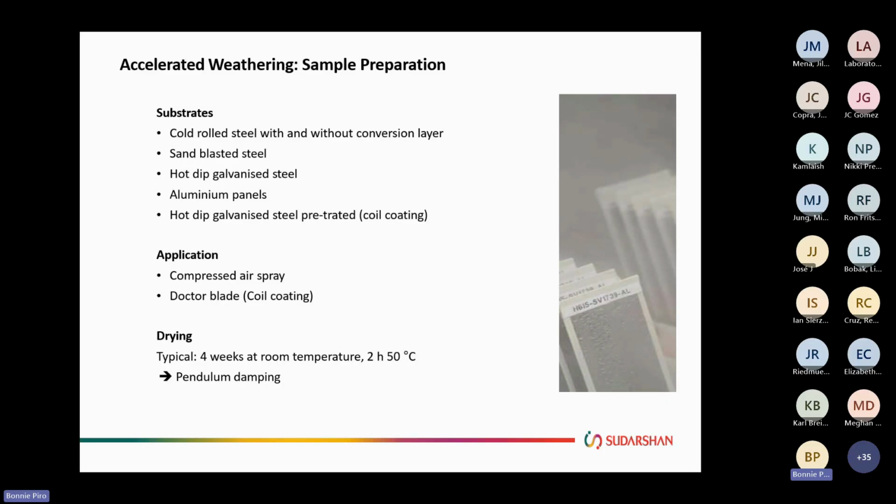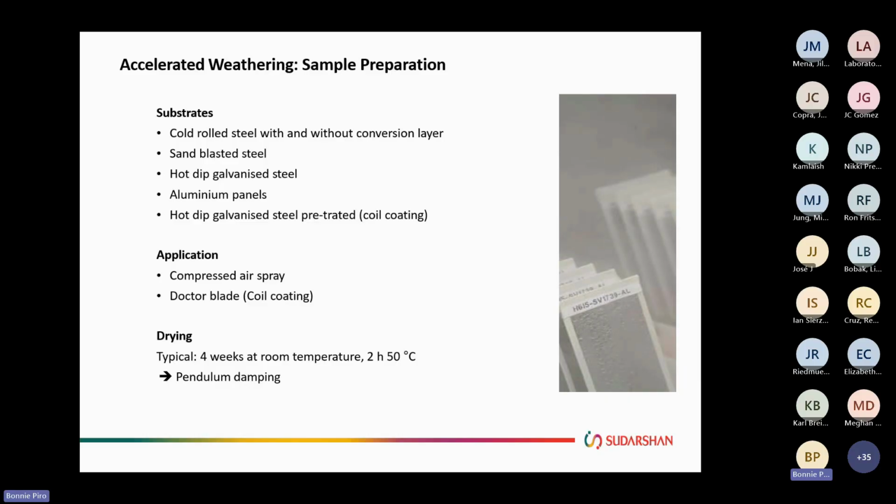We do take a look at all the various types of substrates available for our evaluation, and that includes cold rolled steel, sandblasted steel, galvanized aluminum, and coil coating type panels. Again, we're really trying to understand the gamut of substrates that would be affected by corrosion that we need to evaluate with.